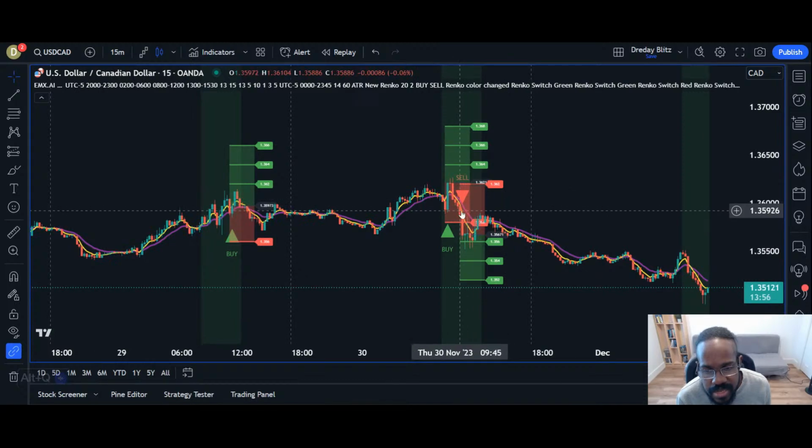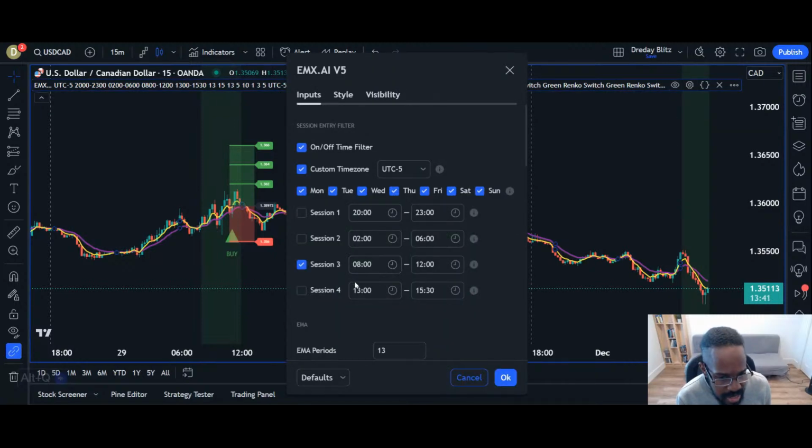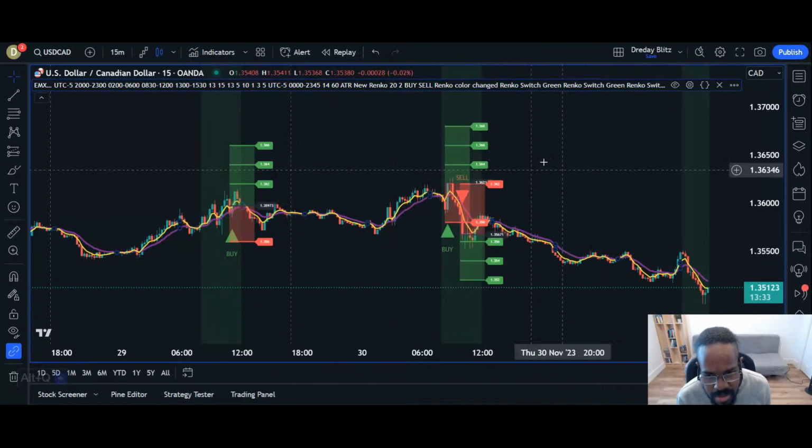So the last trade was yesterday at, usually USD CAD, let me double check the time. It's not at 8, it's at 9:30. So 9:30, you always trade with the New York session.